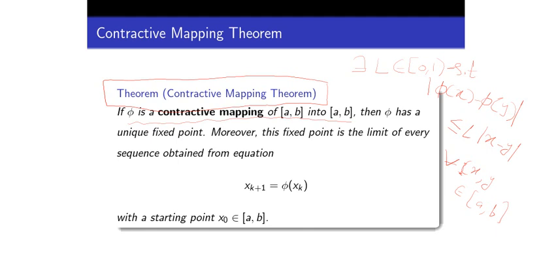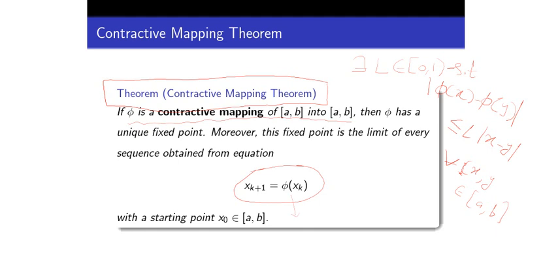What more can you say? Once you have identified a functional iteration of the form x k plus 1 equals phi of x k, and you observe that phi of x is a contractive mapping, this theorem tells you that this fixed point is the limit of every sequence obtained from this equation.